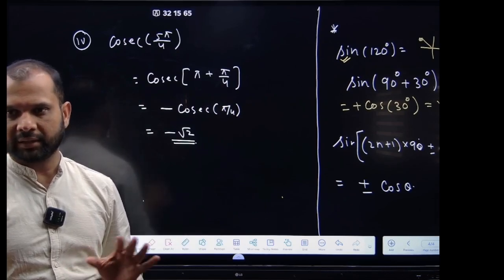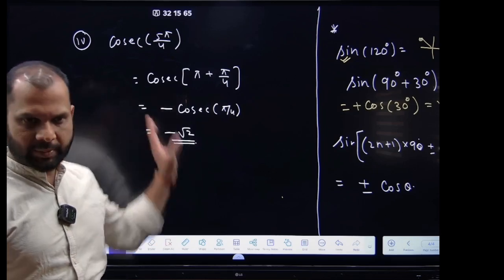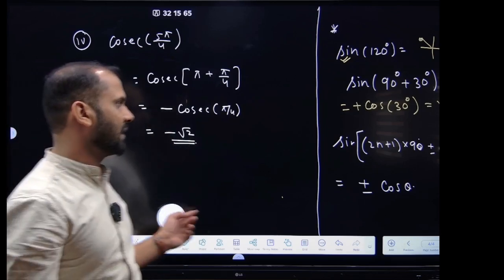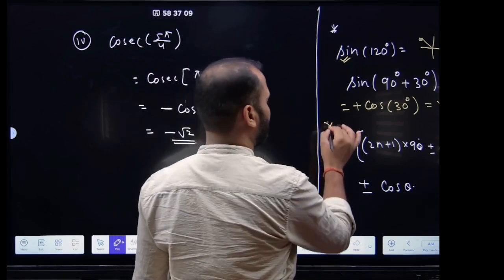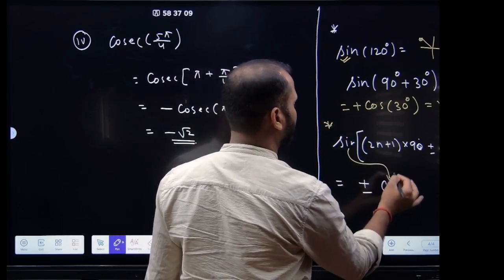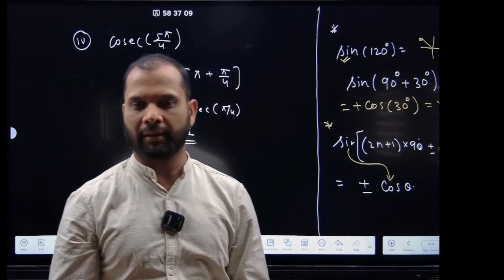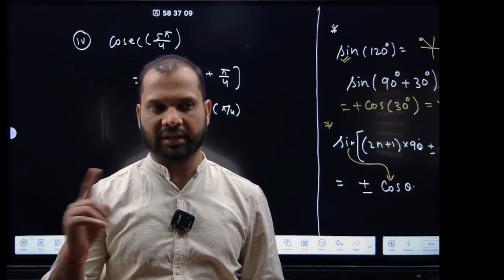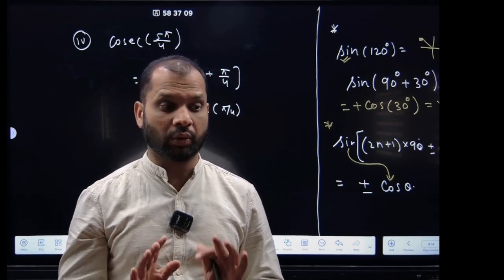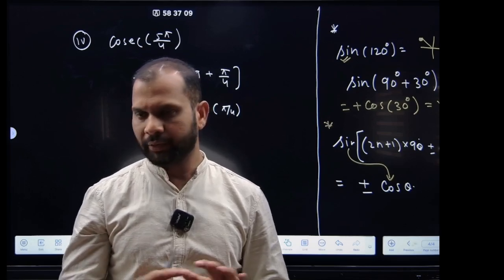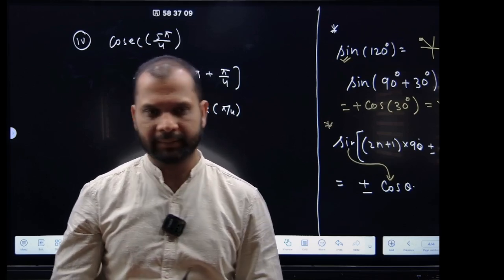Can you correlate that, or are you getting confused? Keep the first method in mind, 180 plus minus. If 90 comes, then you have to remember that sin will convert into cos, cos into sin, tan into cot, cot into tan, secant into cosecant, cosecant into secant. These are called co-functions. I hope you are able to correlate that. Fine.